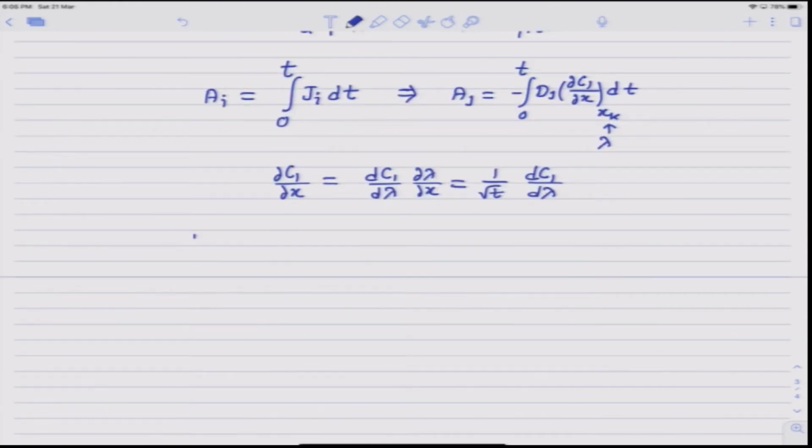So we have A1 is equal to minus D1 integral from 0 to t of 1 over root t times dC1/dλ dt.